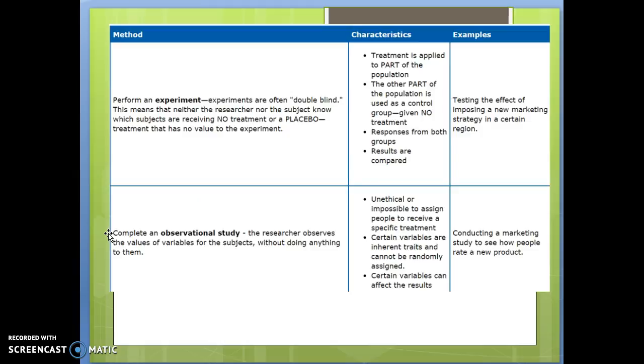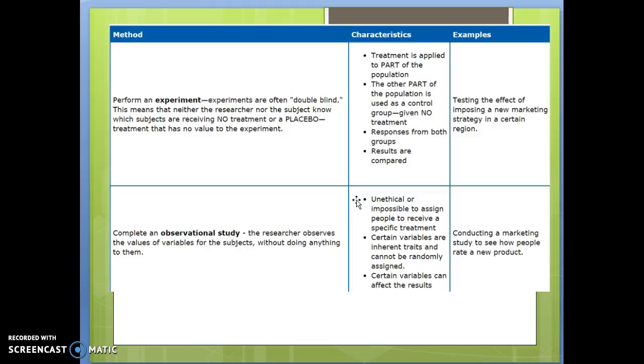Observational study. The researcher observes the values of variables for the subjects without doing anything to them. It is usually to observe things that you cannot apply treatment to, or you don't apply treatment to. There's nothing you can do, you just observe them, because it's unethical or impossible to assign people to receive a specific treatment.